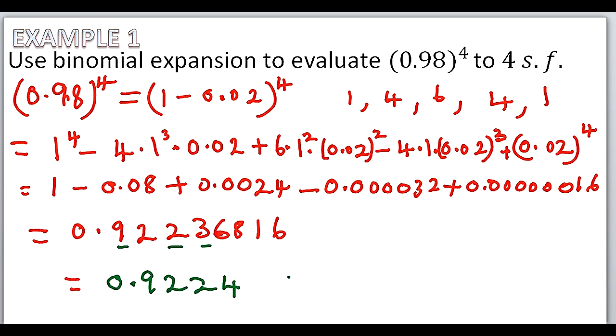So those are 4 significant figures. So that is the expansion of this number, that is 0.98 to power 4. When you expand, you get 0.9224. So that is how we apply the binomial expansion to solve numerical cases.